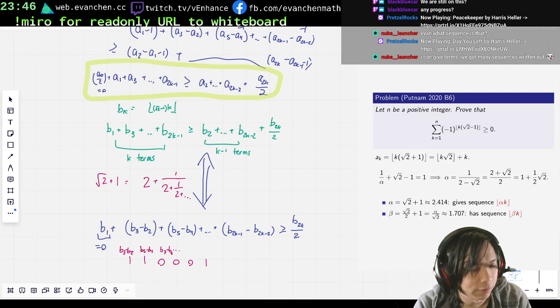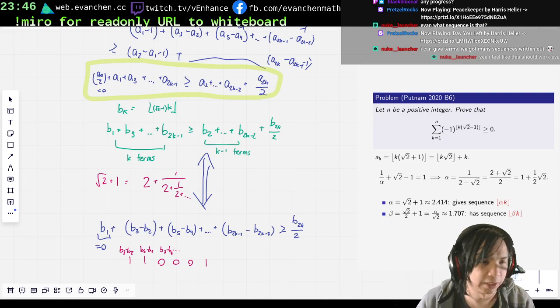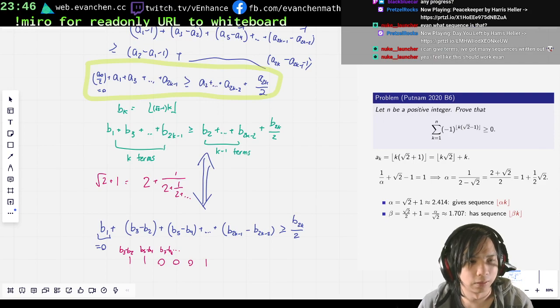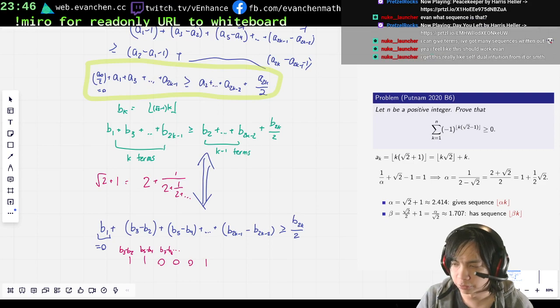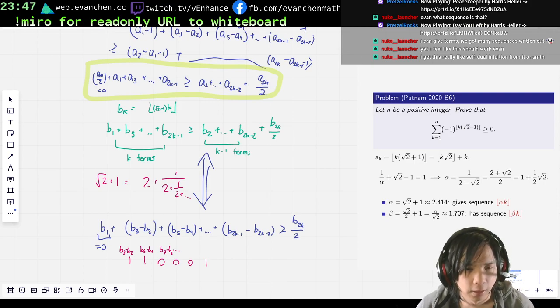Like this inequality we have, I want to show it's like, I don't know. Because when I write it this way, it looks like the binary sequence again. But because we've compressed it, it will allow us to do an induction. Like we can use the truth of the statement up to some small number. It's sort of like Cauchy induction, in which you show if a statement's true for n, you show it's true for 2n or something. Yeah, so it feels like the problem has a copy of itself inside it.